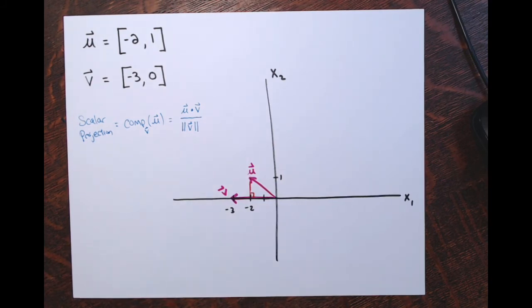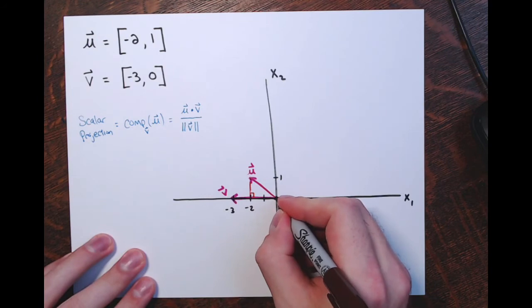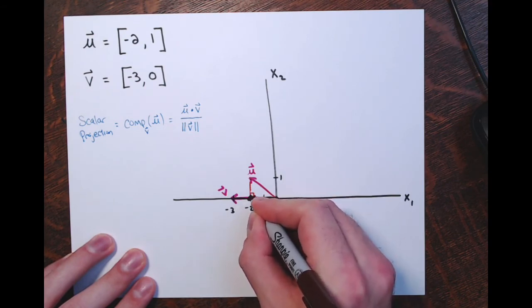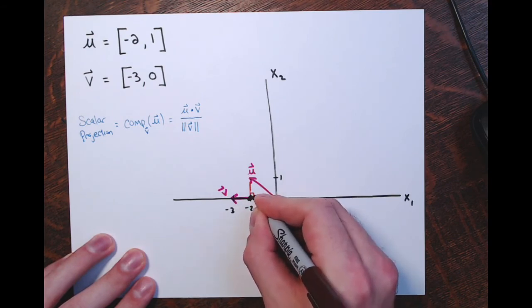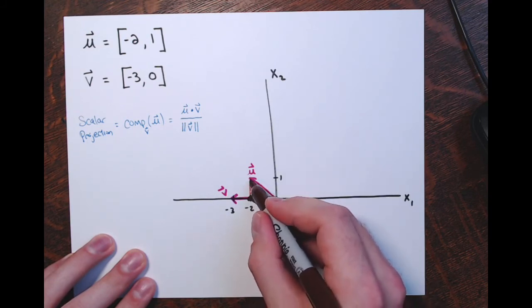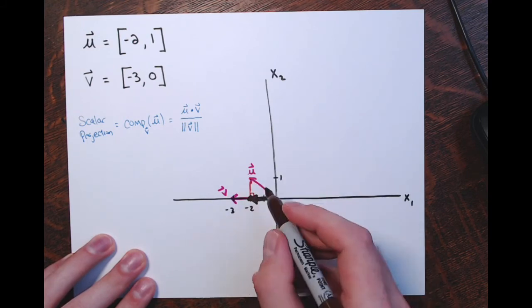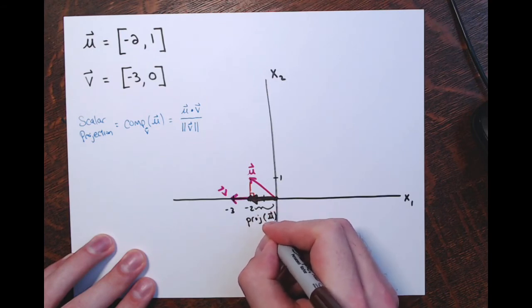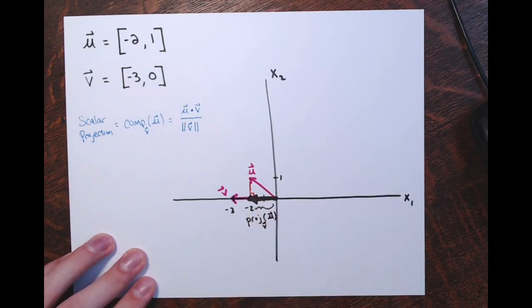And then this vector right here, from the origin pointing in the direction of vector v to the point right underneath vector u that I projected downward, this is the projection vector. This is that PROJ of vector u onto vector v, and hopefully it's easy to see in this picture.